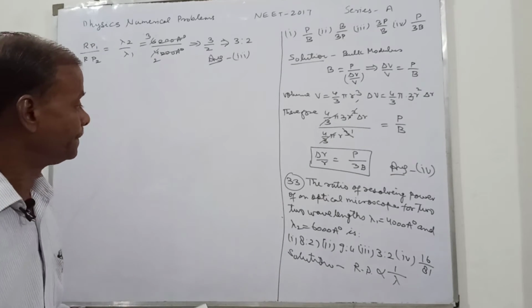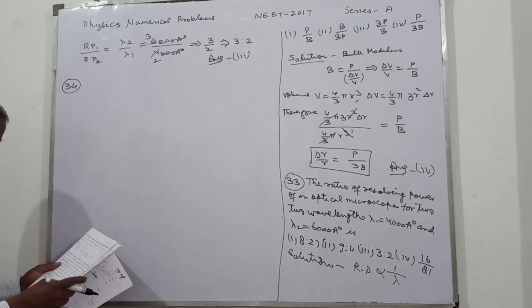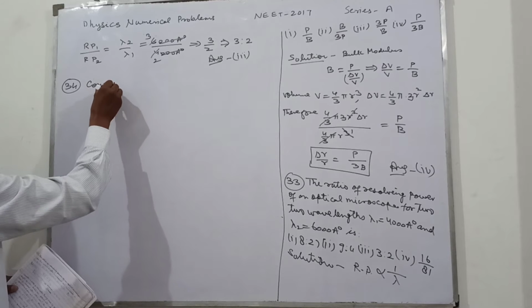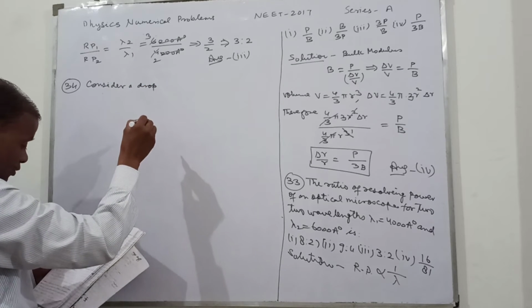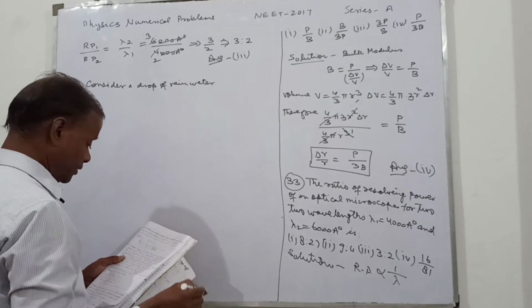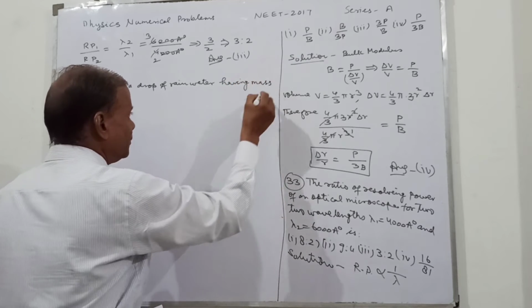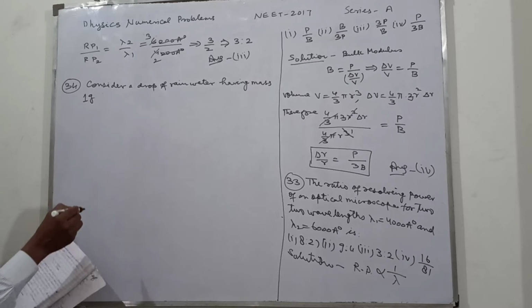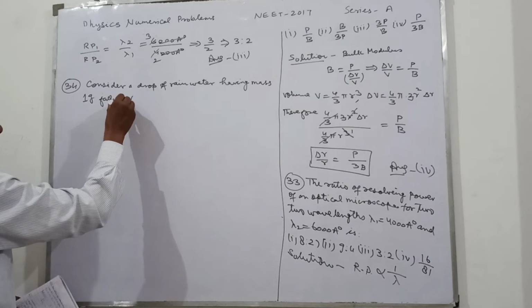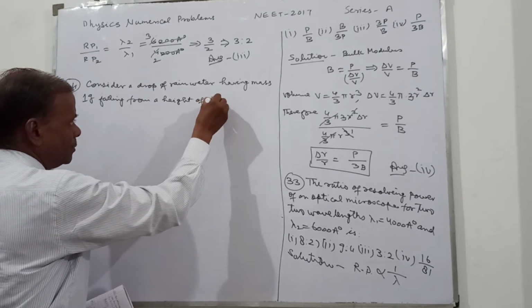Now question number 34. Consider a drop of rainwater having mass 1 gram falling from a height of 1 kilometer.